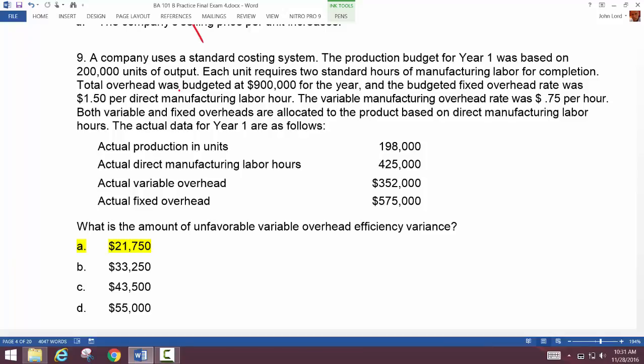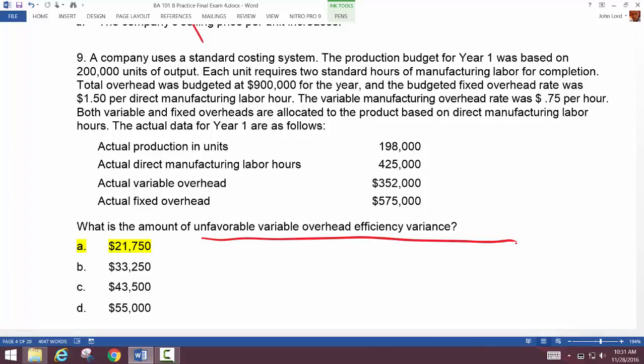The fixed is $1.50 per unit, and the variable is 75 cents per unit. Both variable and fixed overheads are allocated to production based on direct manufacturing labor hours, and they give us the actual data. They want to know the unfavorable variable overhead efficiency variance.